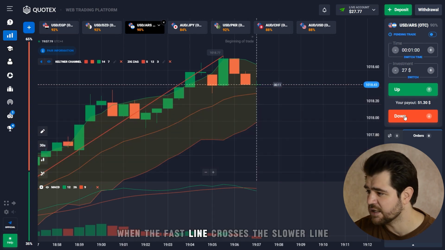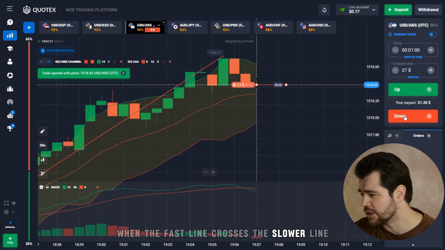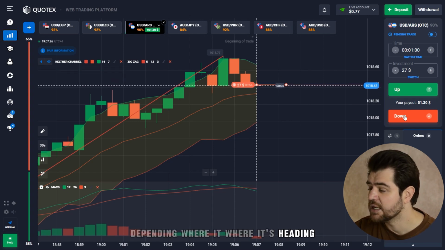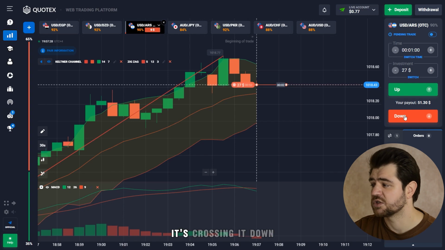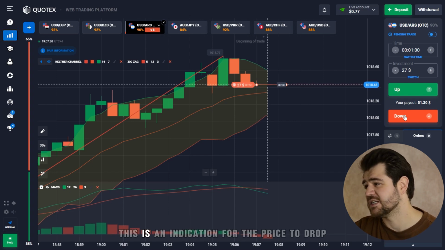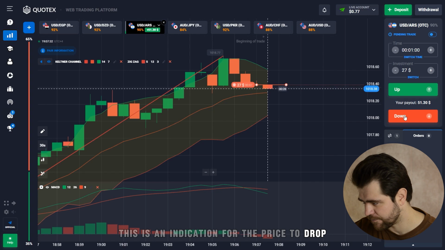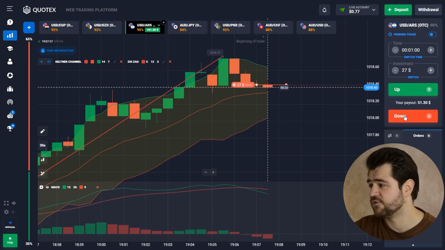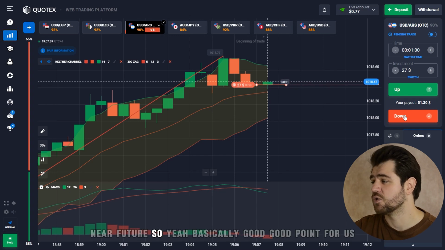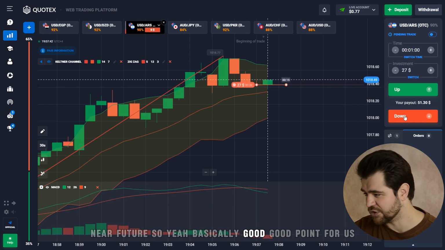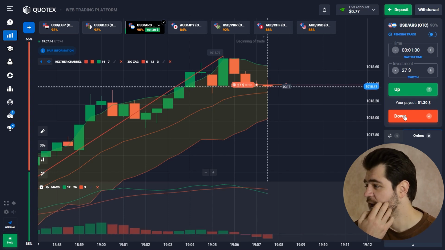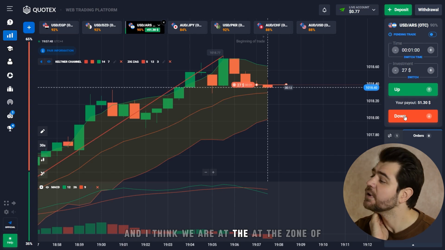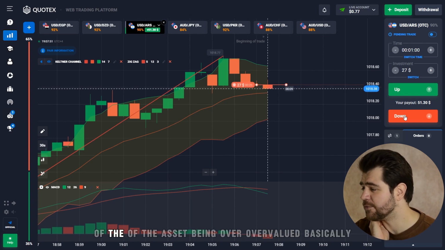When the fast line crosses the slower line, depending on where it's heading, in this case down, it's an indication for the price to be dropping in the near future. So basically a good point for us.